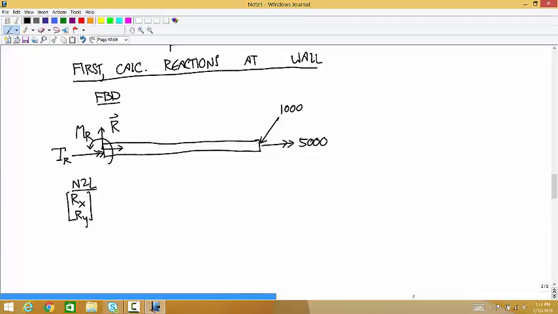Yep. So your R_y would be your shear force, your R_x would be your tension, the M is your bending moment, and then the torque R is your torsion? Well, actually, no. Right now we're calculating just external loads. So it's going to be internal loads once we, so right now we're isolating the whole beam. But after we're done with this, we're going to isolate half of the beam.